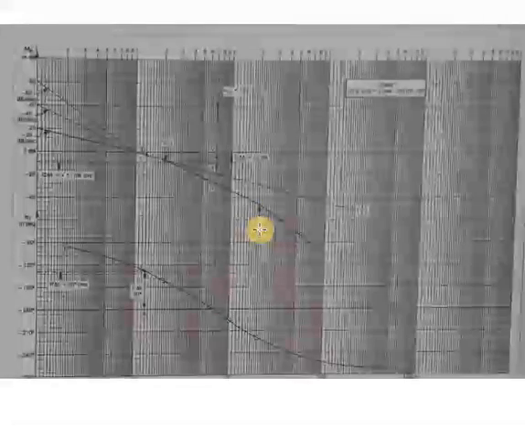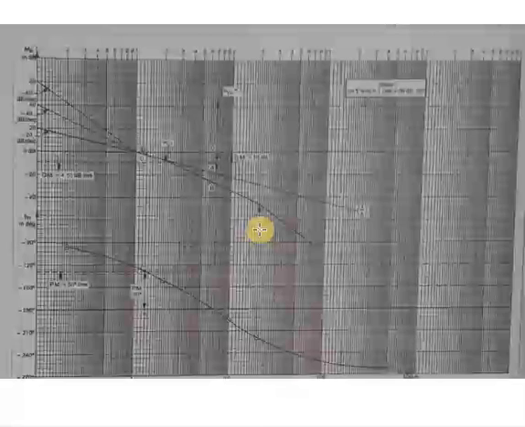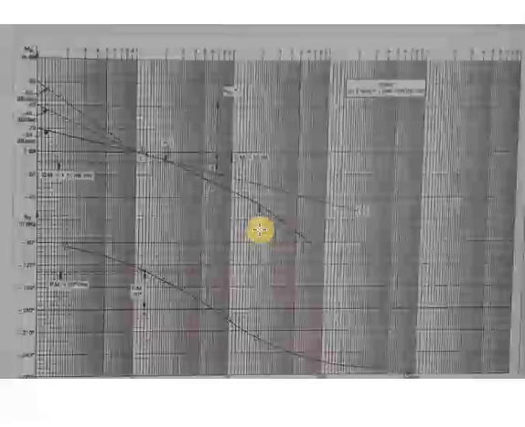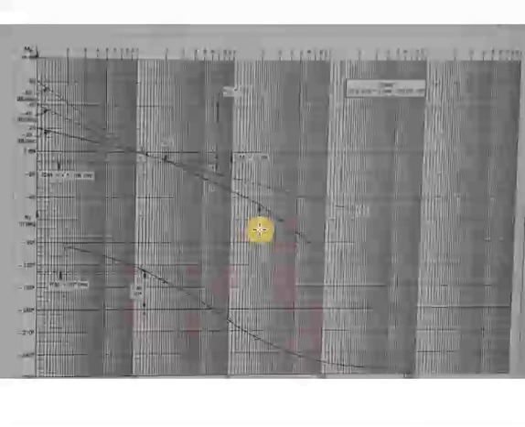Then the second one is, for gain margin to be 10 dB, what is the value of K, he has asked. If you know the value of K, we used to calculate the gain margin with the help of the phase plot, right?